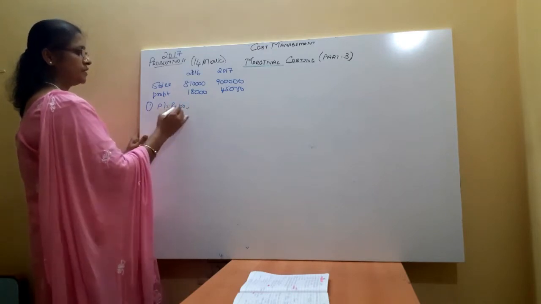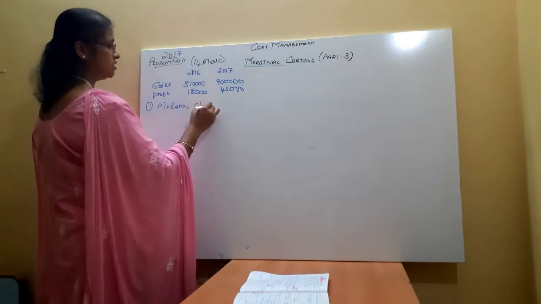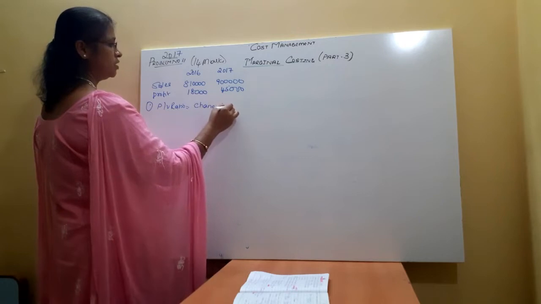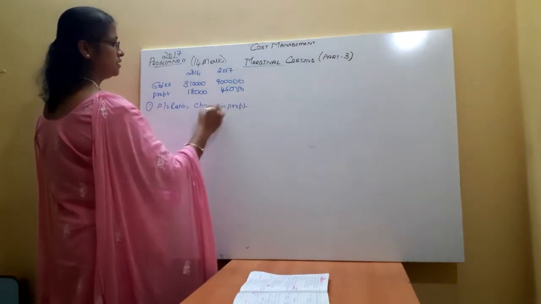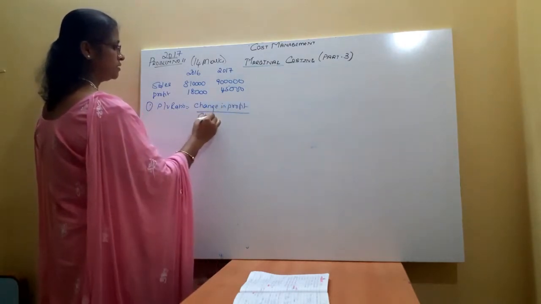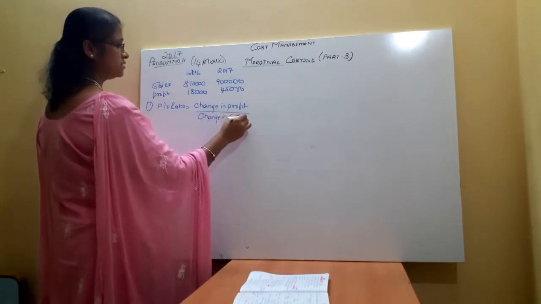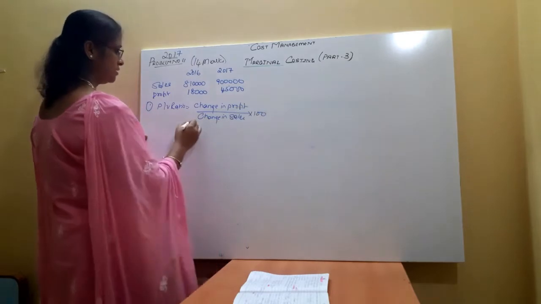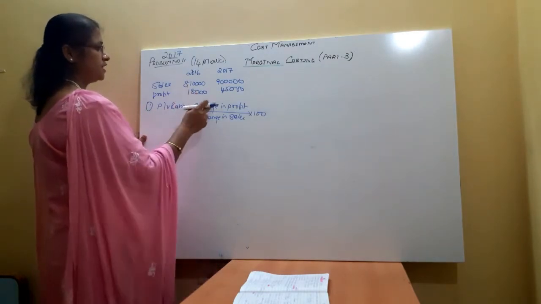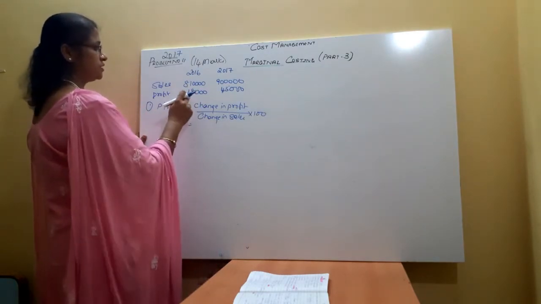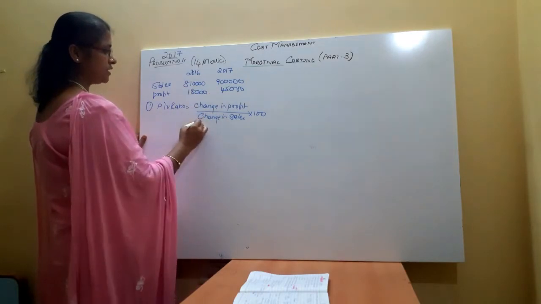So we know the formula here is change in profit divided by change in sales into 100. So change in profit is 45,000 minus 18,000.